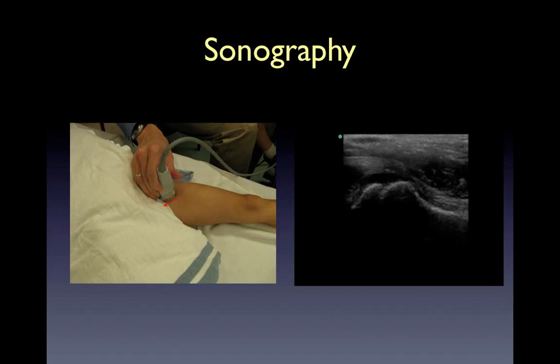Sonographically, we will see the femoral head with growth plate, the hyperechoic femoral neck, and more superficially, the iliopsoas muscle. The anterior synovial space lies between the femoral neck and the iliopsoas.